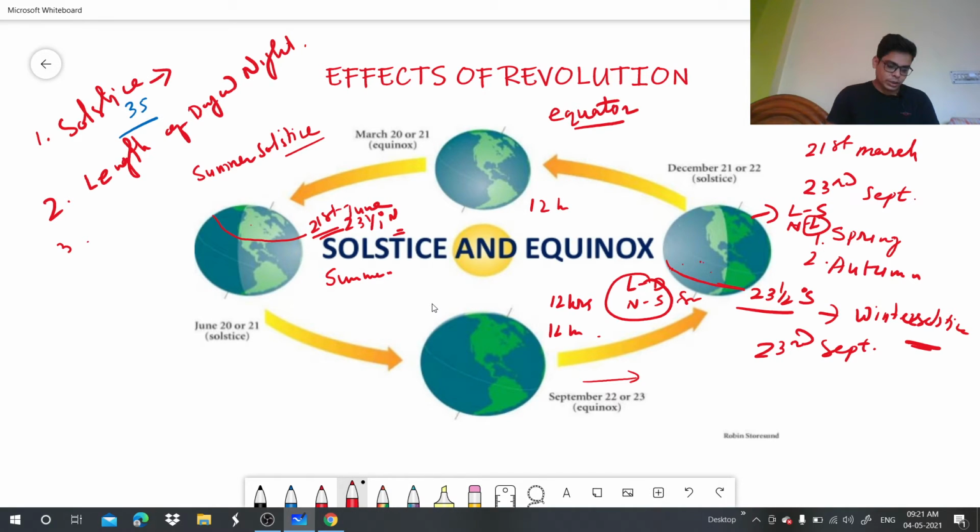The third point we want to discuss is the seasonal change and its effect on temperature.